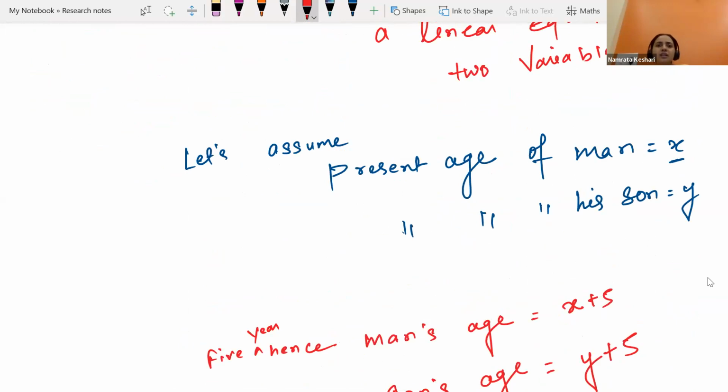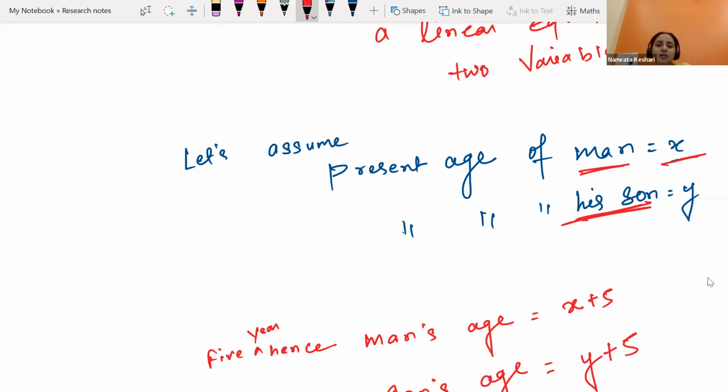Is it practical that I am a certain age and my mother is also the same age? Is it possible for anyone? No, right? So if you are assuming that the man's age is x, we must assume son's age as another variable: z, k, p, t, y.